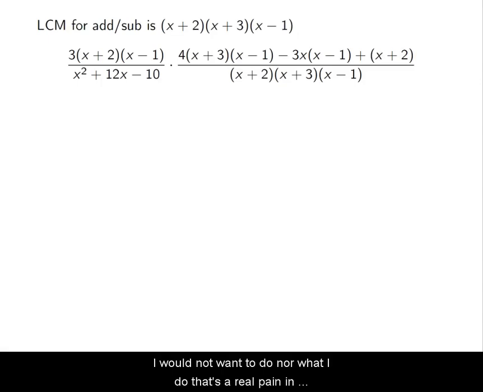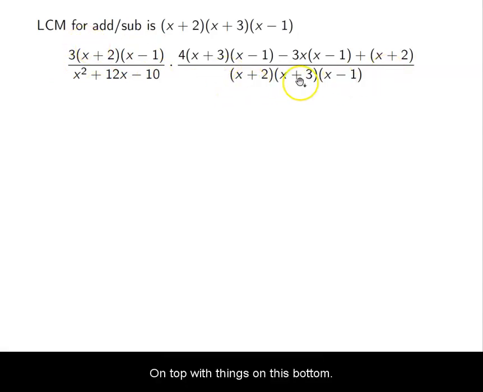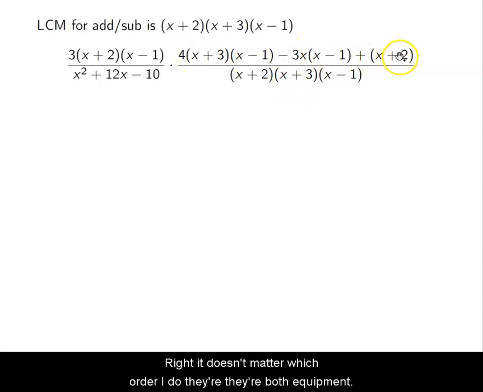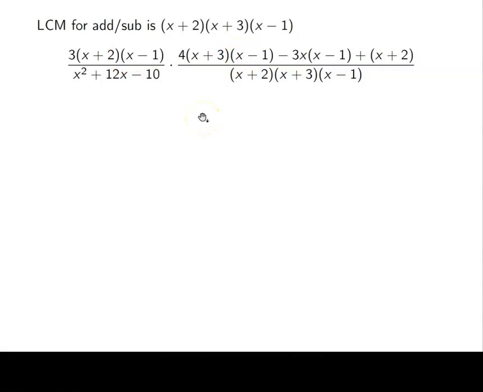That's a real pain and super unnecessary. So one of two choices: since it's this stuff on top and this stuff on bottom, I could cancel out the things on this side on top with things on this bottom, or I can simplify this first. It doesn't matter which order I do; they're both equivalent.